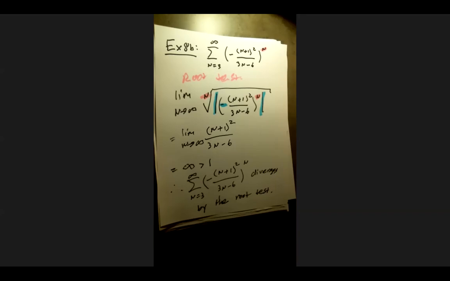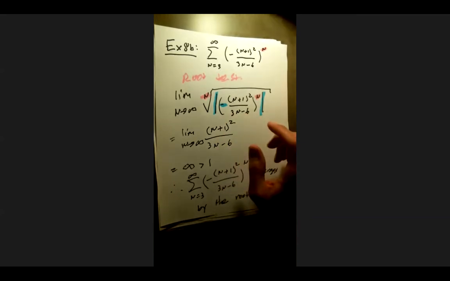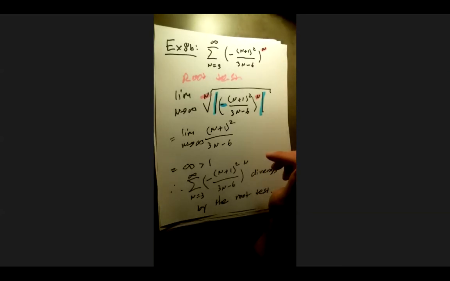So I think what you can see here is that the ratio test and the root test tend to be both very powerful and very straightforward. The one time that they get challenging is if the limits are challenging, so you just have to be careful with your limits. We can create some scenarios where they're a little bit more challenging to work with.